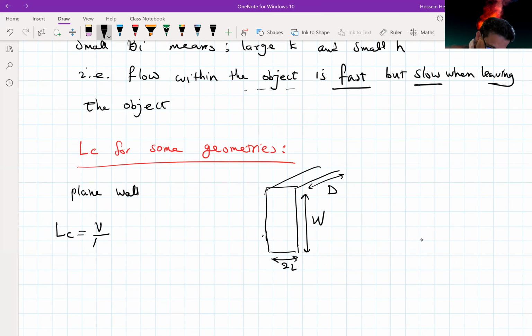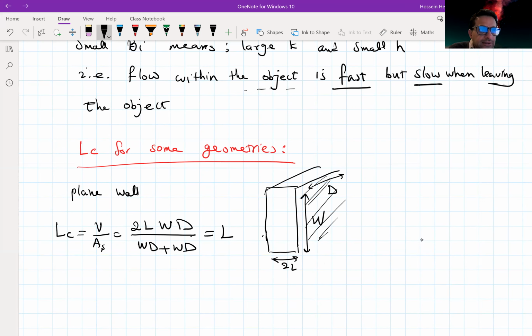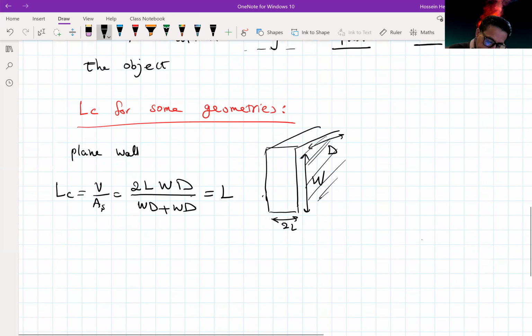Lc is volume divided by the surface area, and volume is going to be 2L times W times D, divided by the surface area, which is WD plus WD. We have two areas exposed to the heat flow: this is one, and there is another one on the other side. So we end up with L. So Lc is going to be L for a plane wall which has a thickness of 2L.